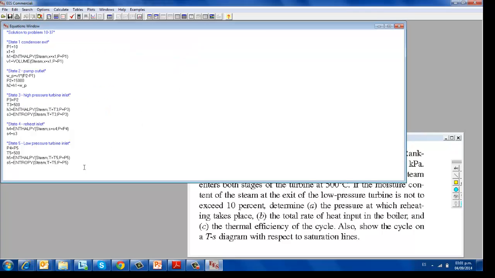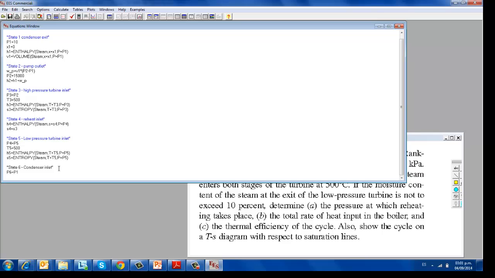So now we arrive at state 6, the condenser inlet. We know pressure 6 equals pressure 1. We don't know the outlet, but we know two things.